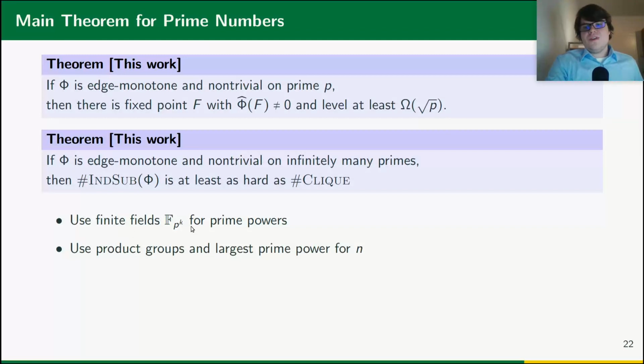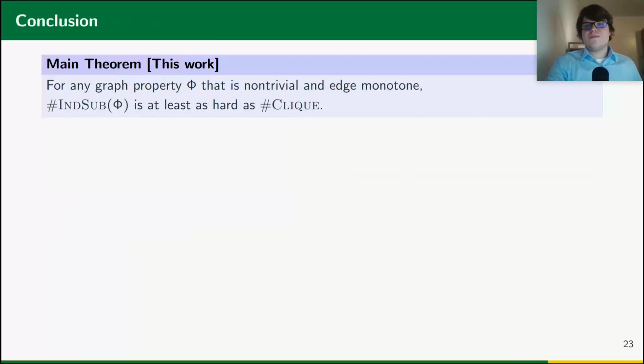And we also need to go to a general number n, and this is basically done by considering product groups and finding the largest prime power inside of these product groups. Doing that allows us to show the statement for the general case, where phi is non-trivial on infinitely many numbers and we do not restrict ourselves to prime numbers or prime powers. And this is shown then in our paper as our main theorem.